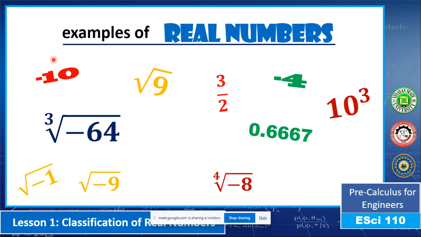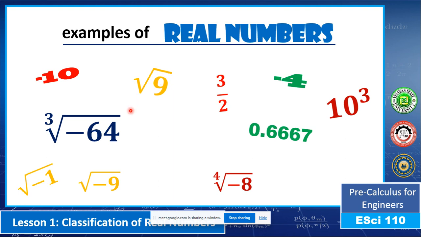So the first one right here, we have -10. This is a real negative integer. I'm being specific in stating it: a negative integer. How about the square root of 9? Of course, this is still a real number because we can use it in our daily lives, especially in engineering applications. But since it is a square root of 9, others may think that this is an irrational number because of this radical sign.